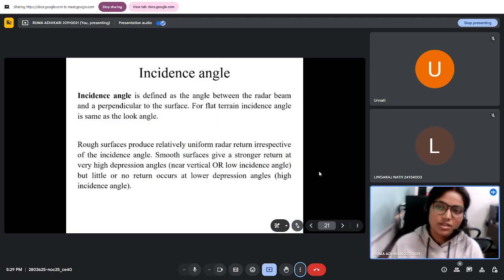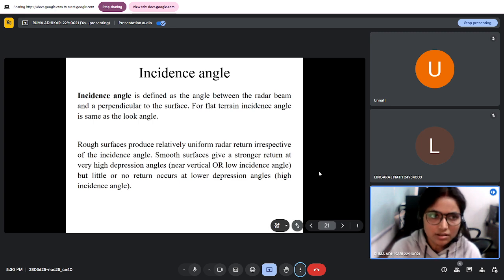So now comes the incidence angle. We already studied incidence angle in geometry, if anyone can recall. It is the angle between the radar beam and a perpendicular to the surface. No need to remember it that way geometrically.